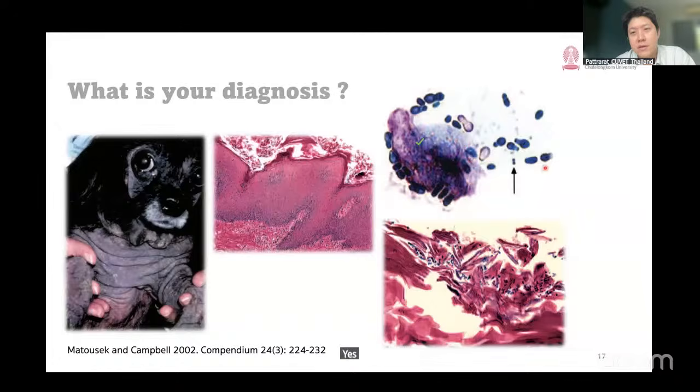And these are fungal microorganisms. What is this? These are Malassezia pachydermatis. And the tip of the arrow is Staphylococcus.